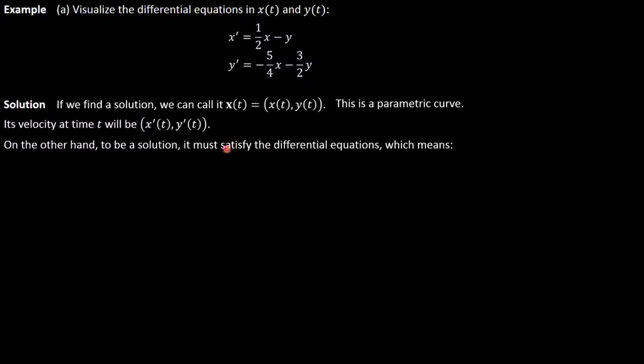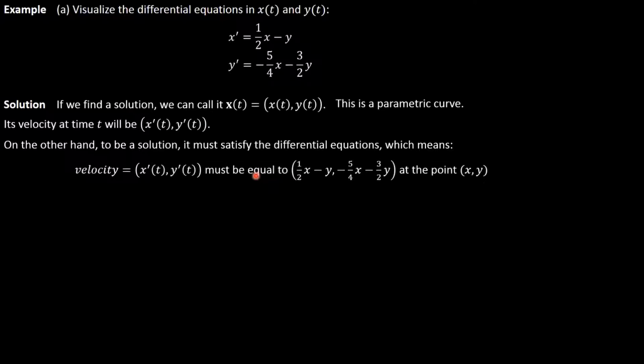On the other hand, we know that x prime of t is half x minus y, and we know that y prime of t is minus 5/4 x minus 3/2 y. So that means we know the velocity of this parametric curve. The velocity must equal these things for the components.